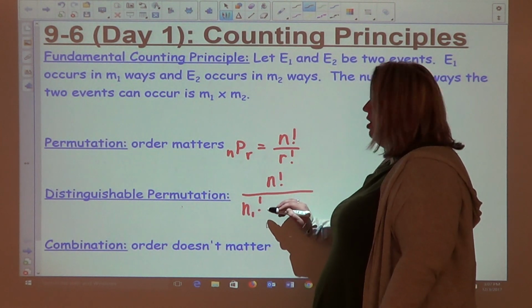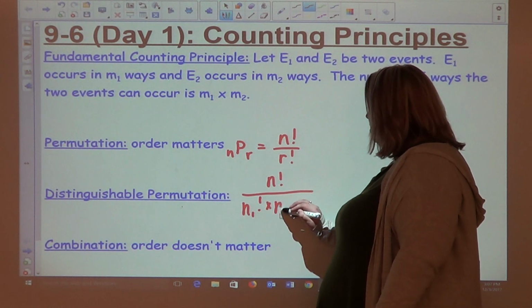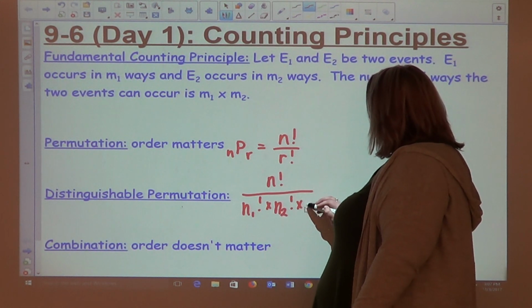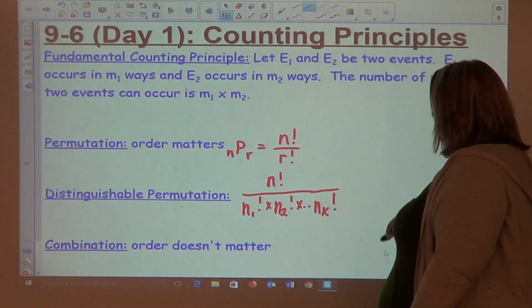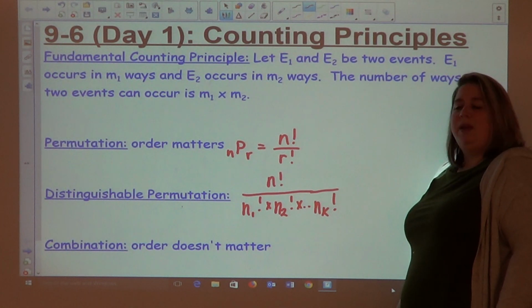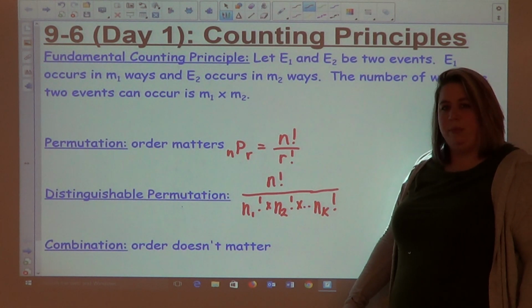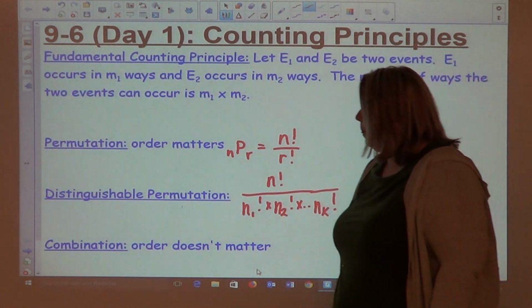So you take the first one, if there's two of those, that'd be 2 factorial, times the second one, however many there are, all the way up until you get to the last one, which we'll just call nk. And you multiply those all together on the bottom. Now make sure you pay attention to your order of operations. You've got to multiply all those together first before you divide.